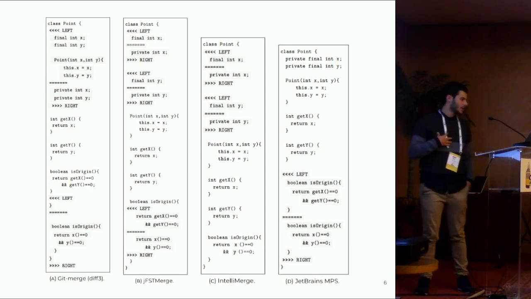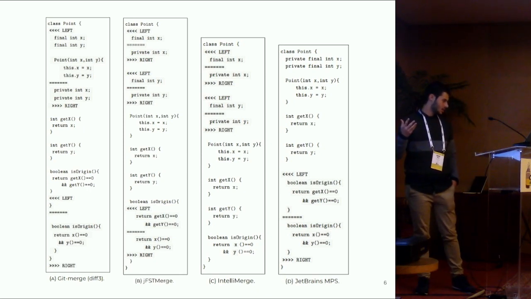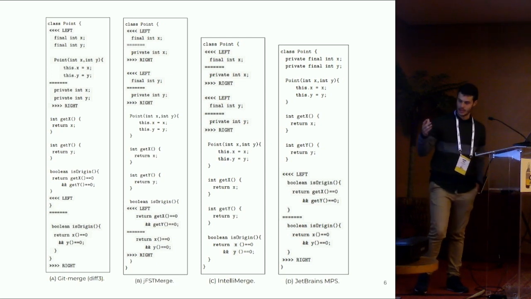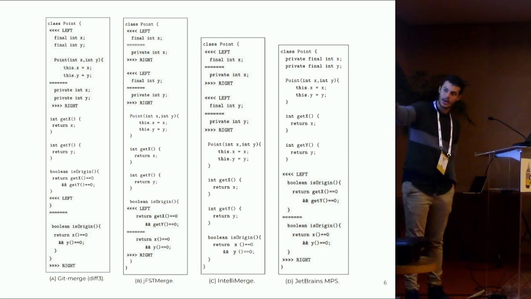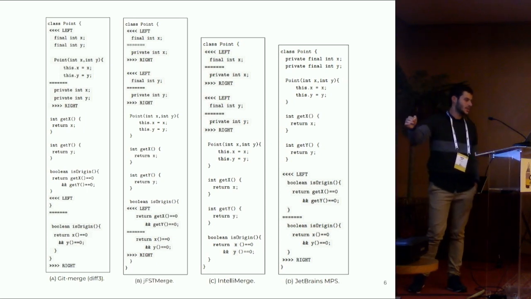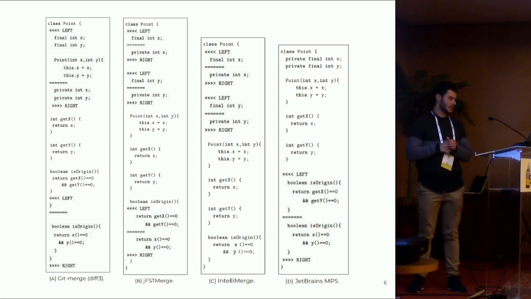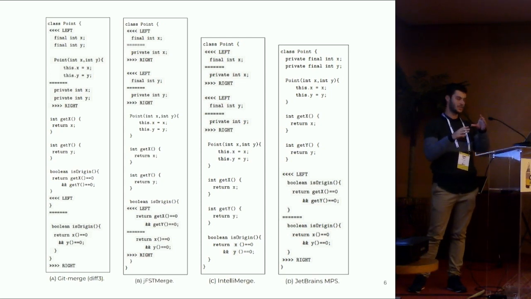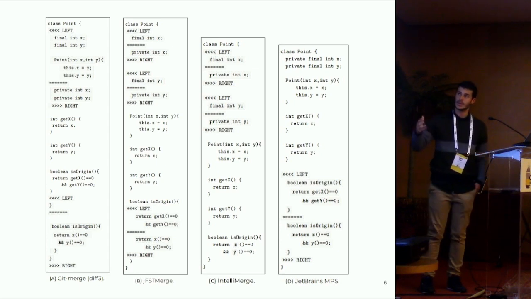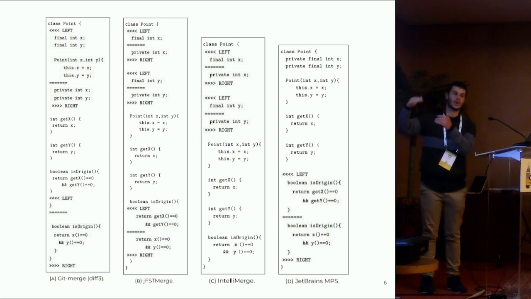In the Git merge, the bracket is inside the conflict, but in the JFCT merge, the conflict is more localized, between the method and its origin. It's difficult for us to compare to other approaches because we don't have this format of showing conflicts.